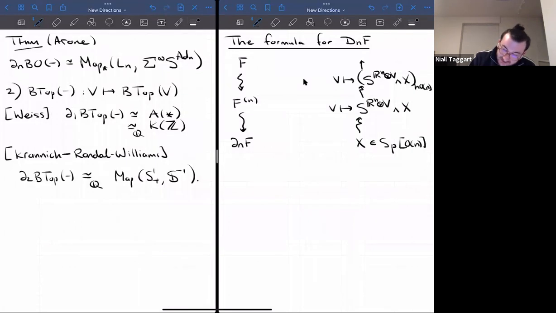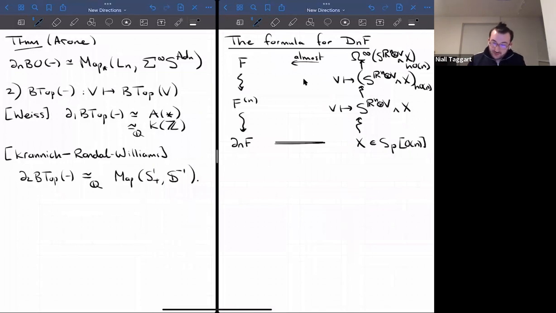And then I can take a loop space of this guy to get a functor that lands in spaces. And if you were to start off with these two being identical, to put in the derivatives, then this almost recovers F.